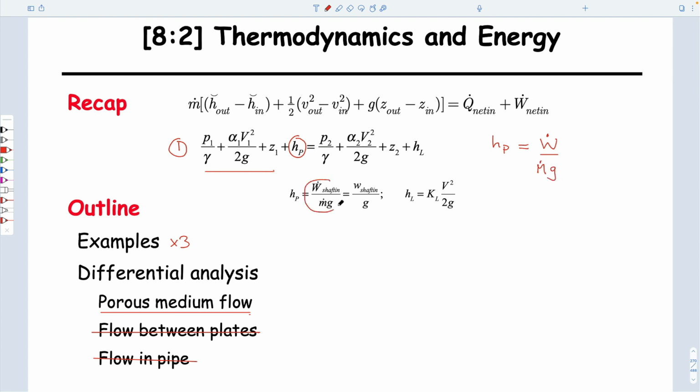This equation here, I'm just repeating that. This is the way that I always remember it. Just this is a total work out of the system. And so this is HP, we said, is positive if it's a pump. So if energy is going into the system, it's positive. It's negative if it's a turbine.